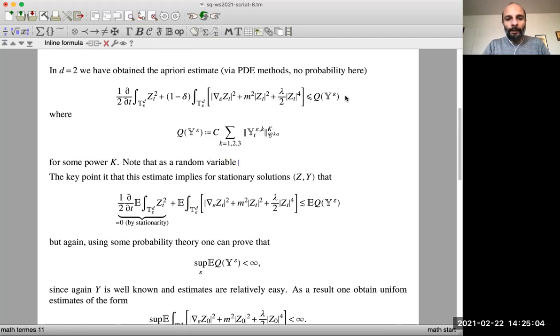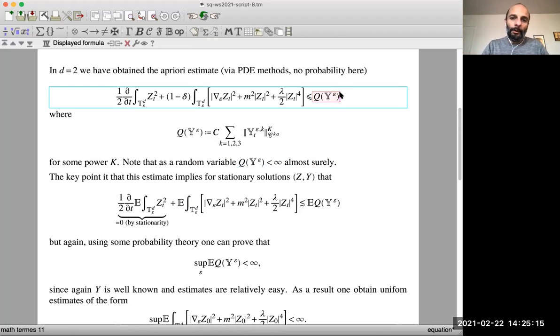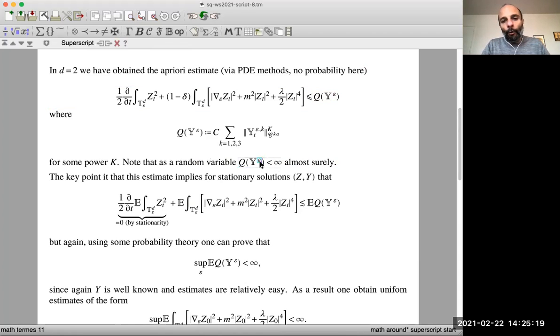The quantity could be plus infinity, but I don't care. So the random variable is finite almost surely. So then you go back into the real world. You say, okay, this is a random variable, but with finite epsilon it will always be finite.